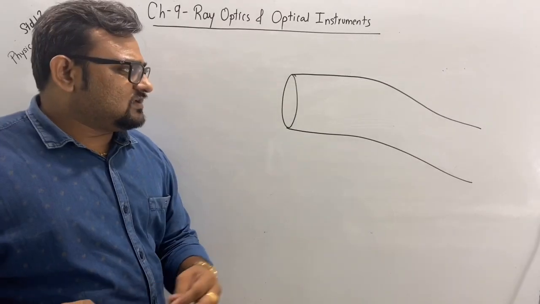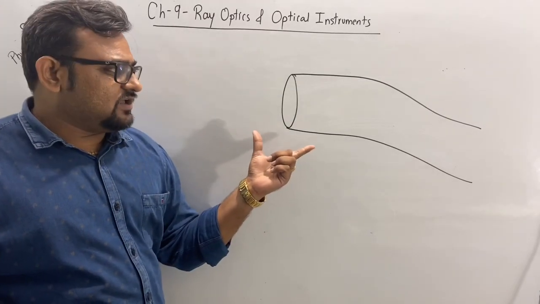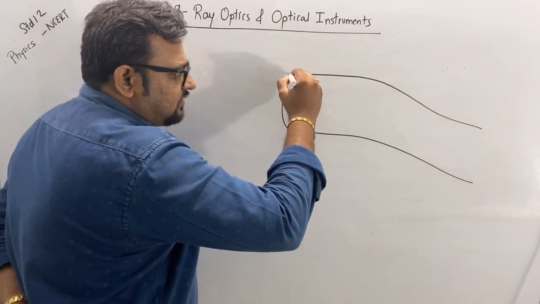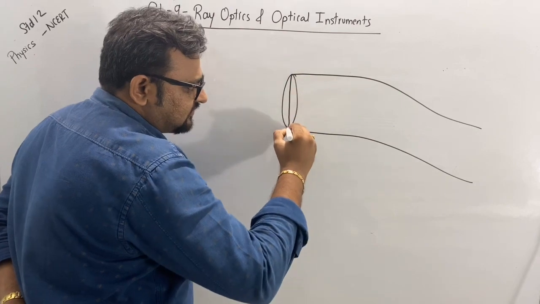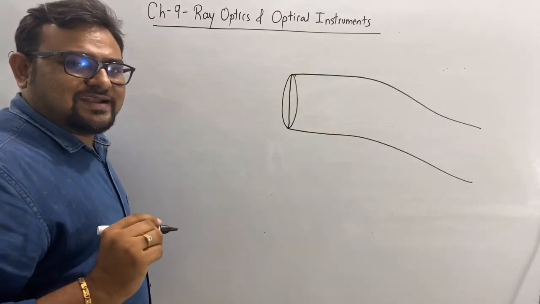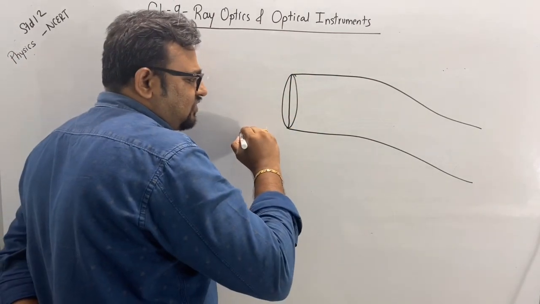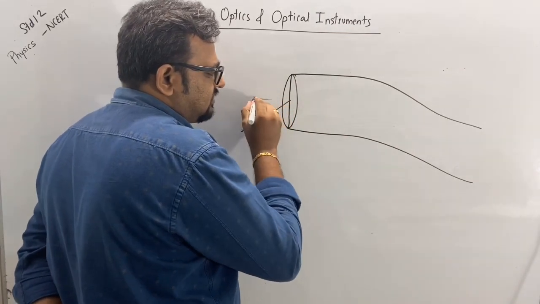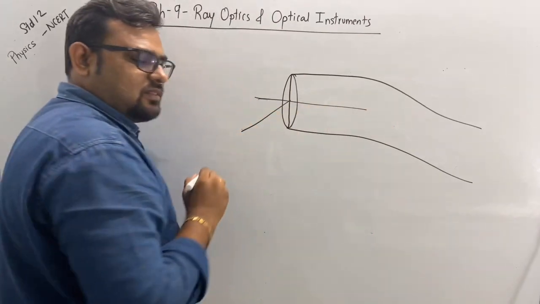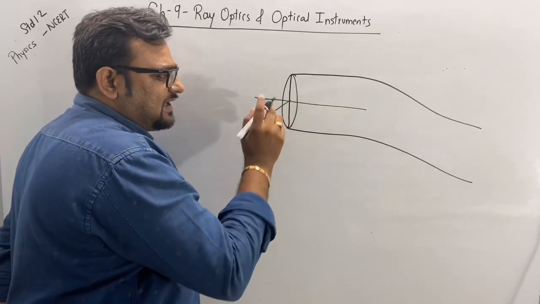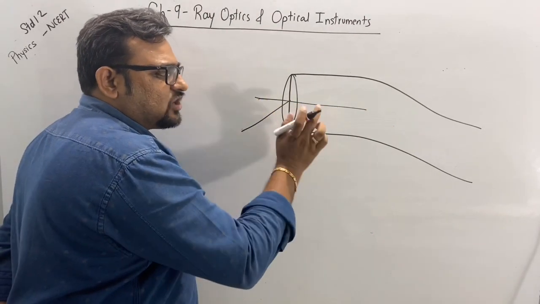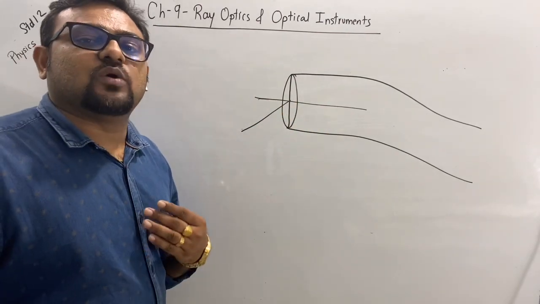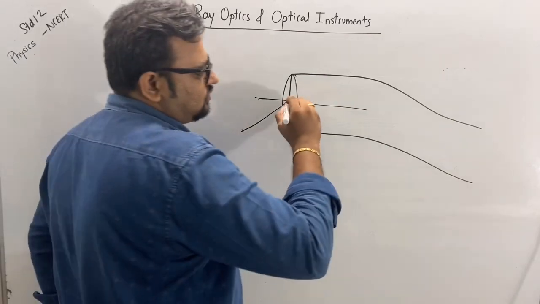Now, as shown in the figure, let's take an example of optical fiber. This will be the surface. If I take a ray of light, then this will be the normal. So what will happen? As it is entering from air to optical fiber, it will bend towards normal.